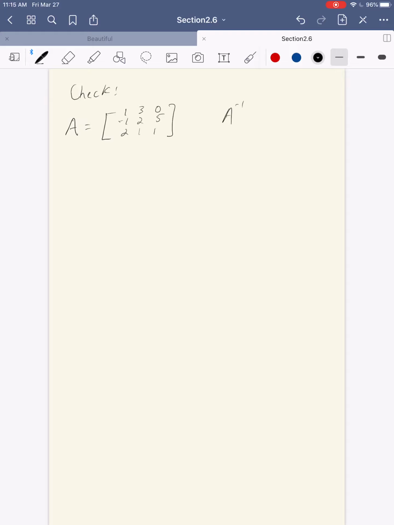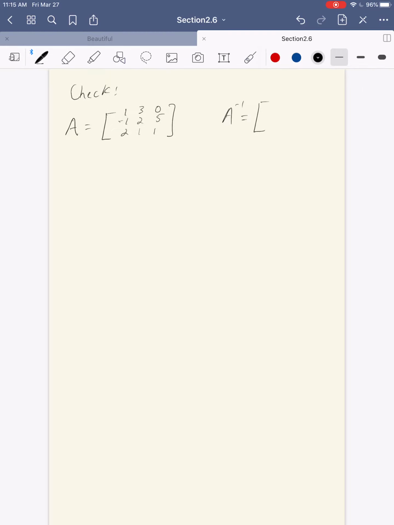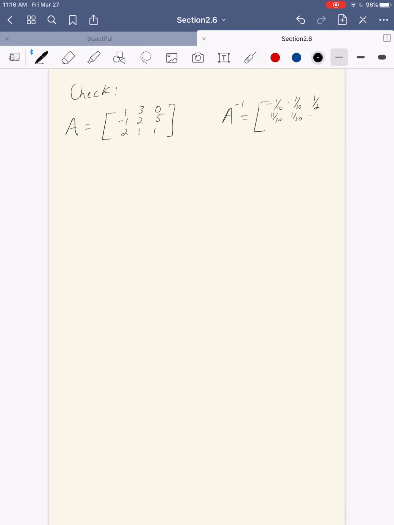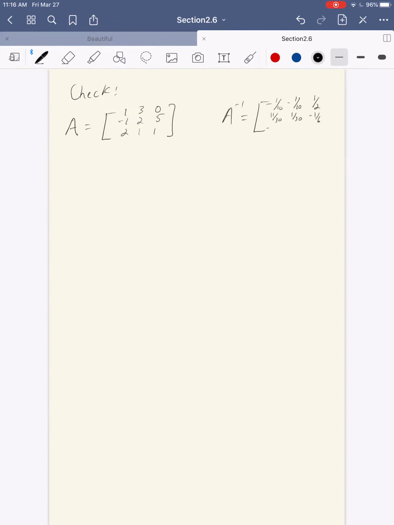And our A inverse that we just found, I believe, was negative 1/10, negative 1/10, 1/2; then 11 over 30, 1 over 30, and negative 1/6; and then finally negative 1/6, 1/6, and 1/6.